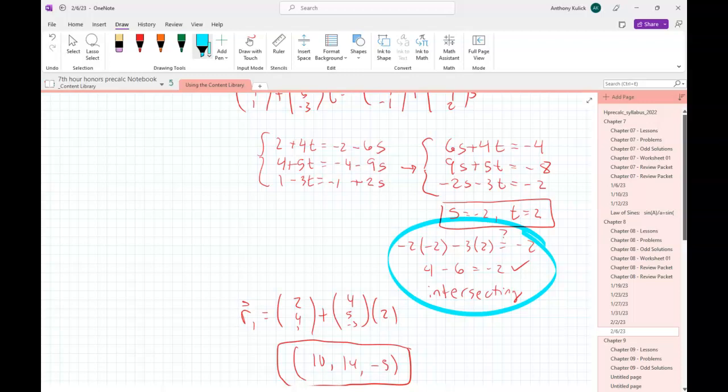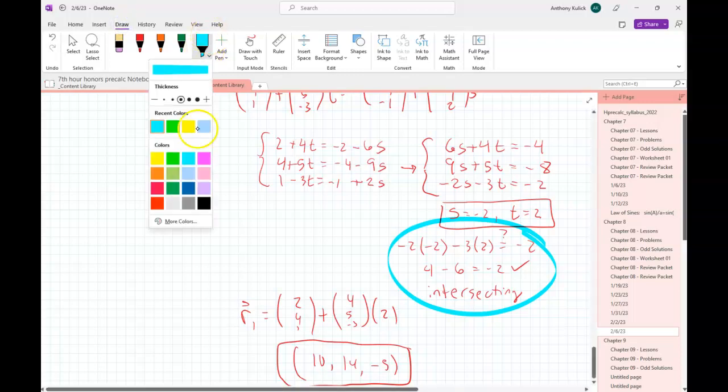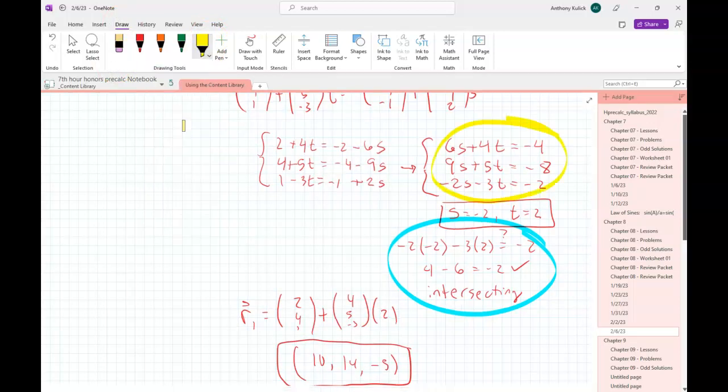Does that feel okay, guys? So again, the place where we're looking to tell the difference between the non-parallel, non-intersecting is this system. This system will fail to have two solutions in two different ways, right?